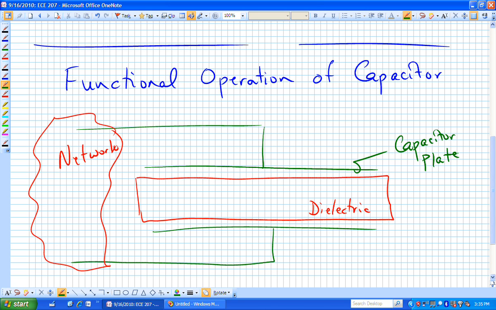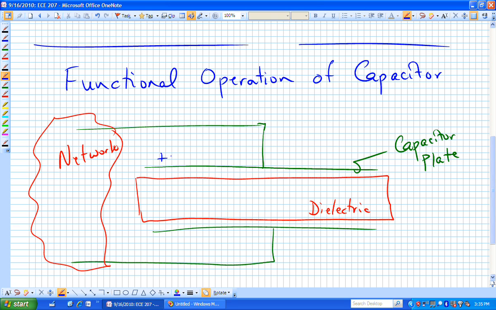We would like to be talking about the current and voltage relationship on this capacitor, and how those currents and voltages are related. We need to now try to understand that. Sometimes it's easier to just think about positive charges.